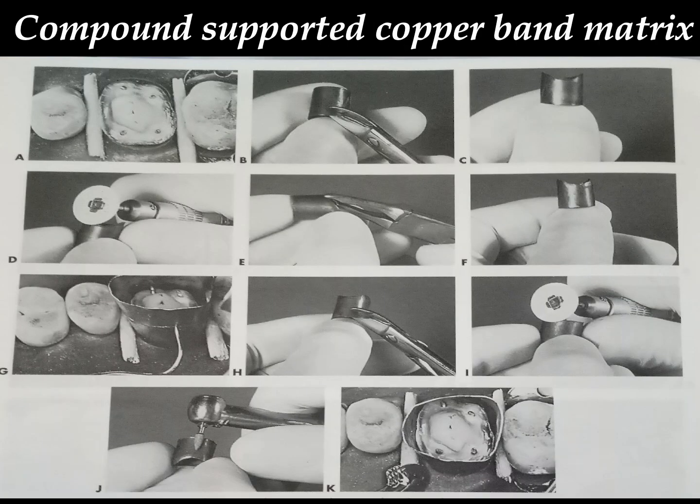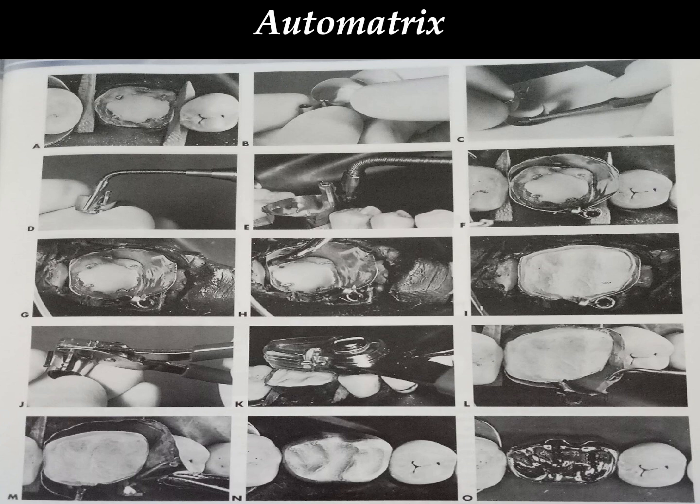Compound supported copper band matrix is nothing but placing a copper band which helps in the restoration of the silver amalgam after placing the pins. Auto matrix is nothing but placement of a prefabricated matrix followed by insertion of amalgam, condensing, carving, finishing, and polishing.